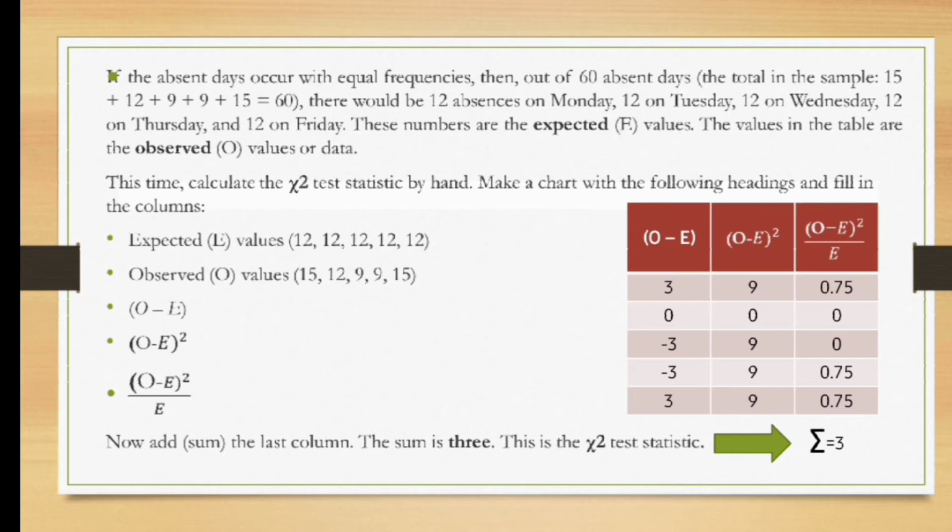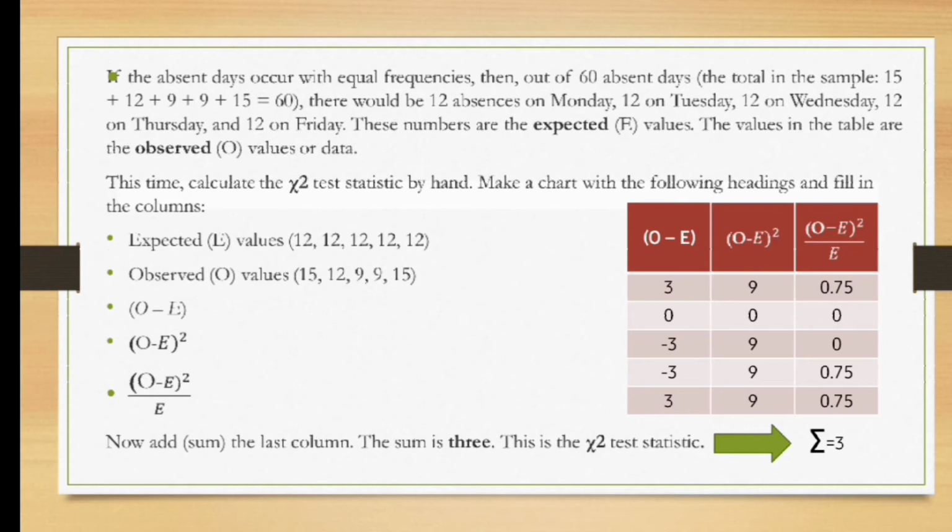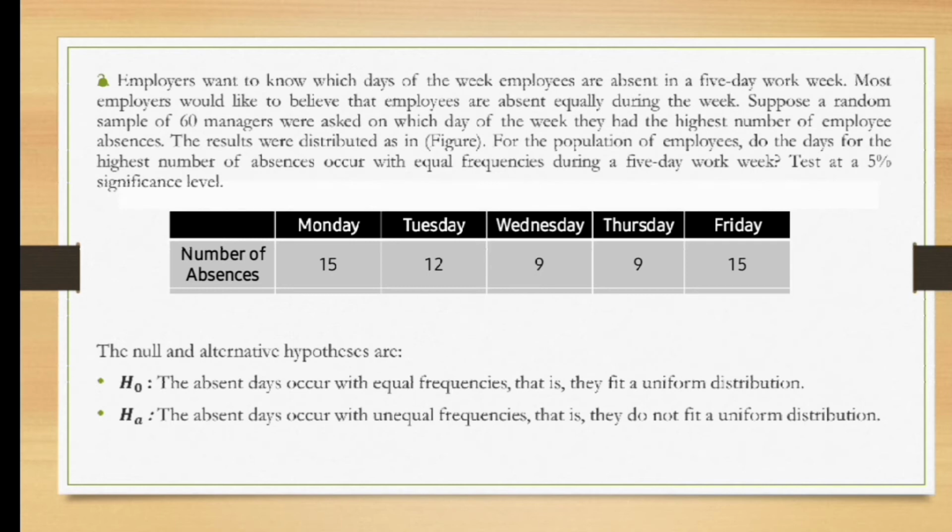Let's just divide 60 by 5. So 12 each. These numbers are our expected values. The values in the table, 15, 12, 9, 9, and 15, are our observed values or data.